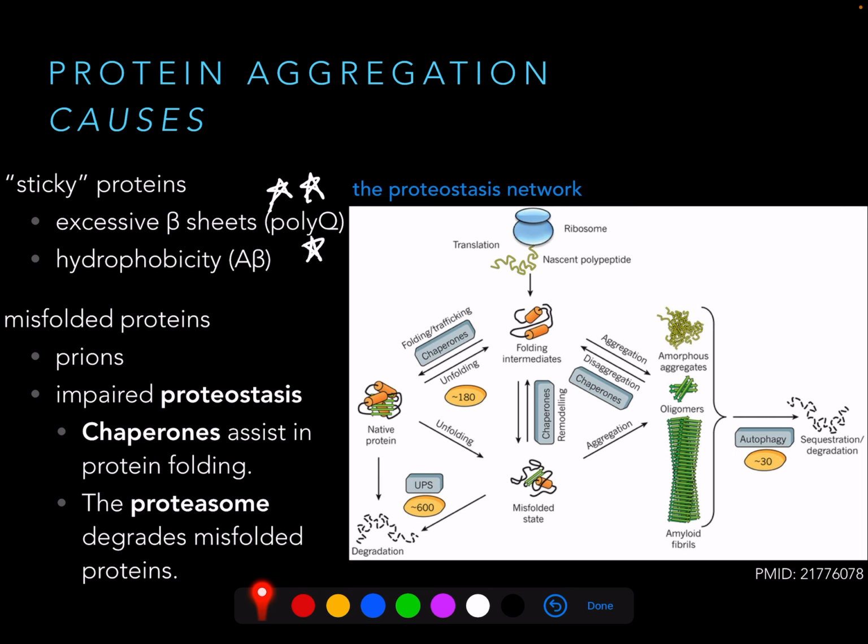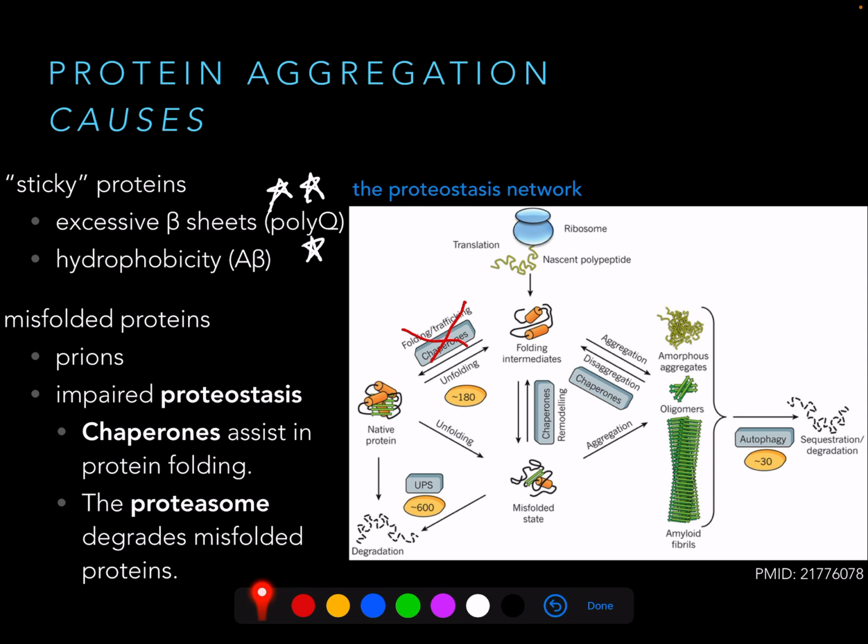We have to fold that polypeptide correctly into whatever shape gives us the function that we want. There are proteins called chaperones that assist us from going from this disorganized noodle into the properly folded protein. Chaperones are there. If we have mutations in chaperones, we're less likely to properly fold, leading to an unfolded protein response.